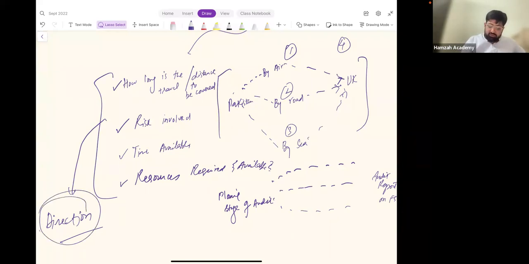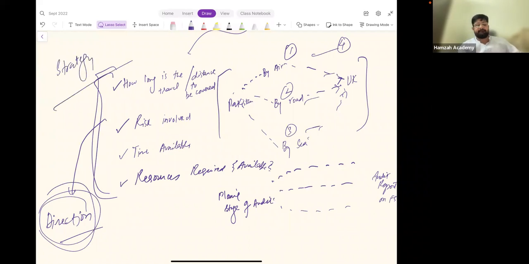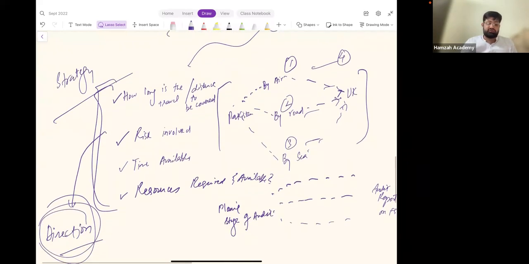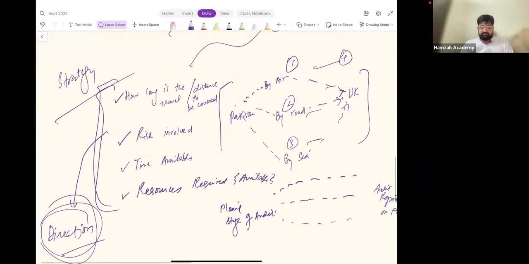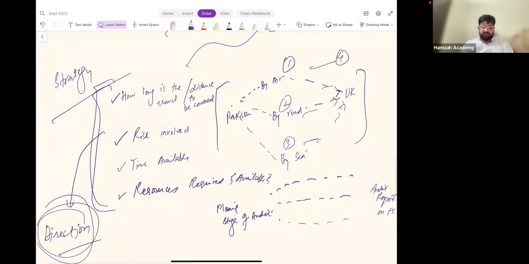So direction has to be chosen out of these four based on these factors. This is called strategy. The choosing the direction of considering multiple factors.